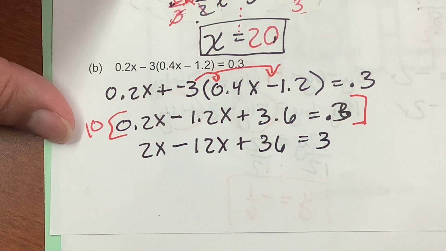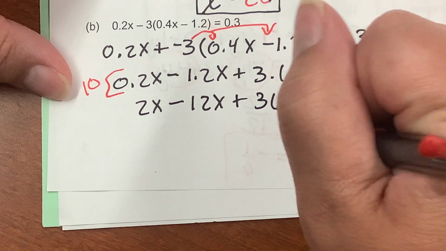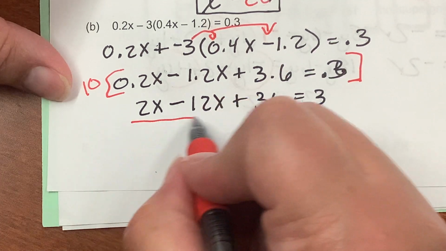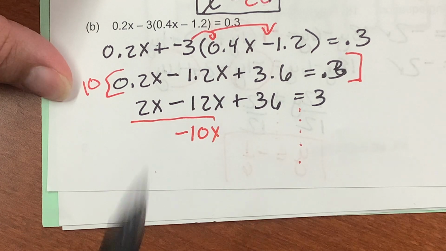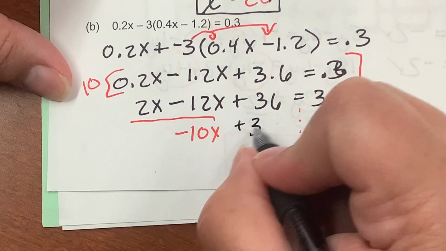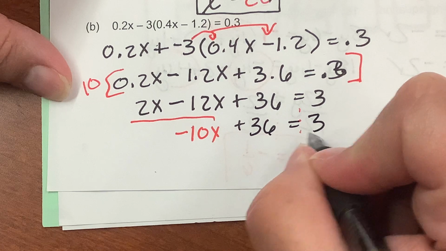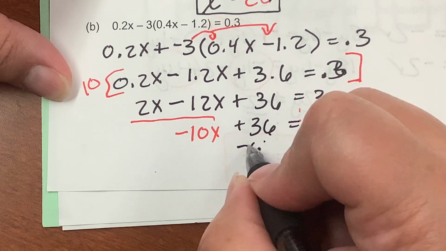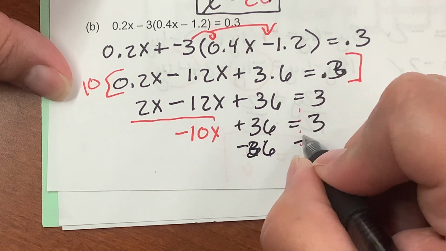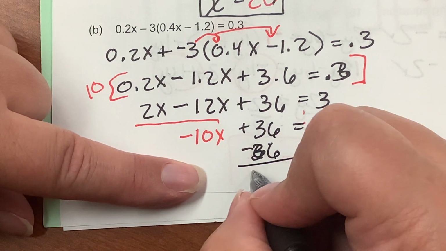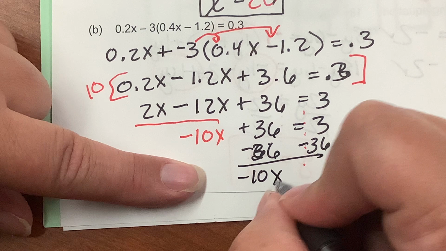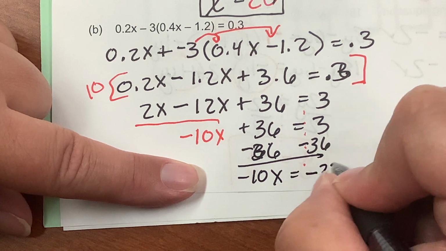Ha, so much better now. 2 minus 12, negative 10x plus 36 equals 3, minus 36 from both sides. And I get negative 10x equals negative 33.